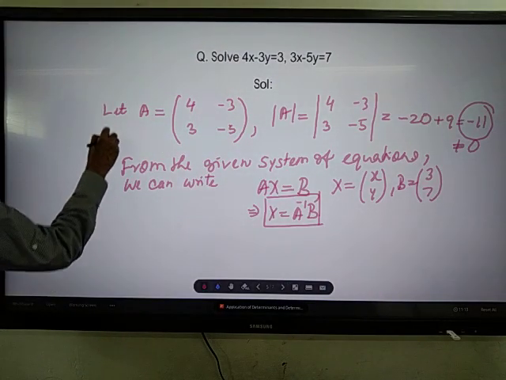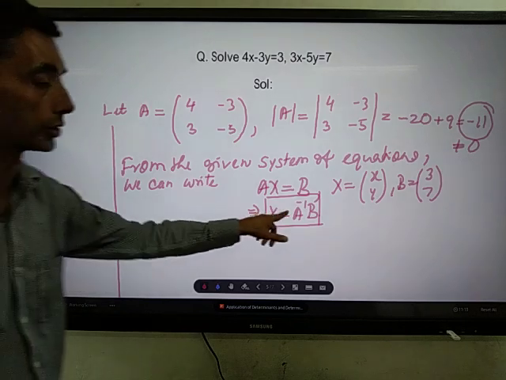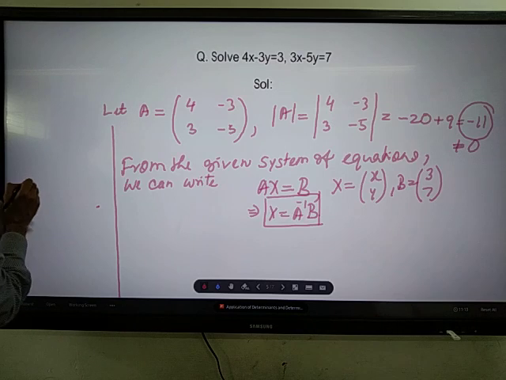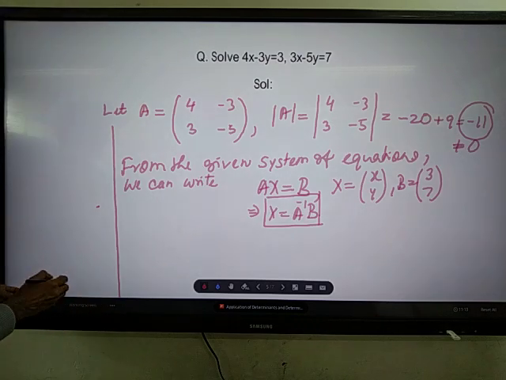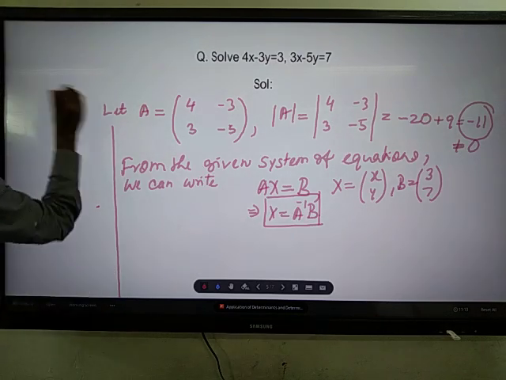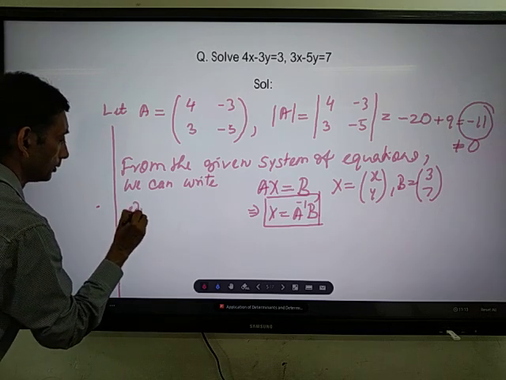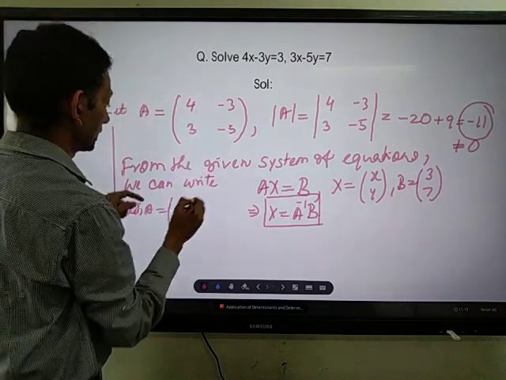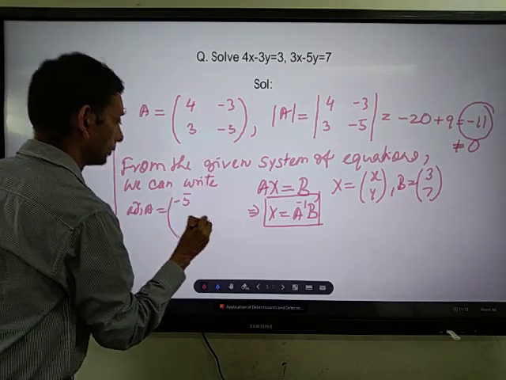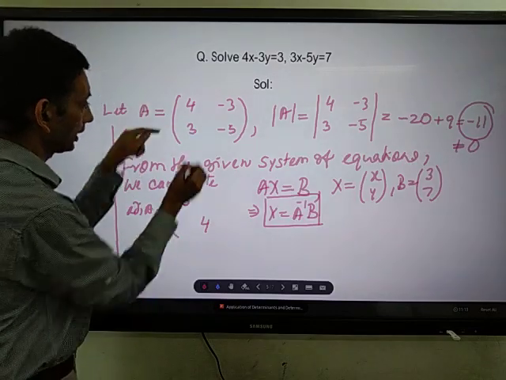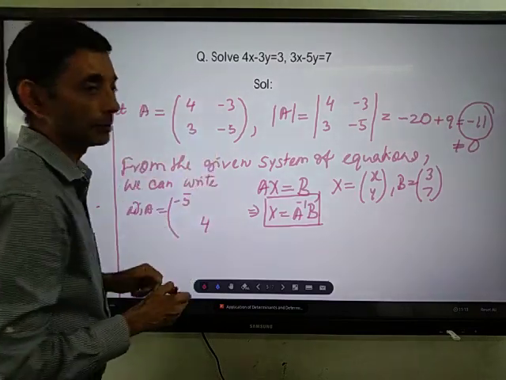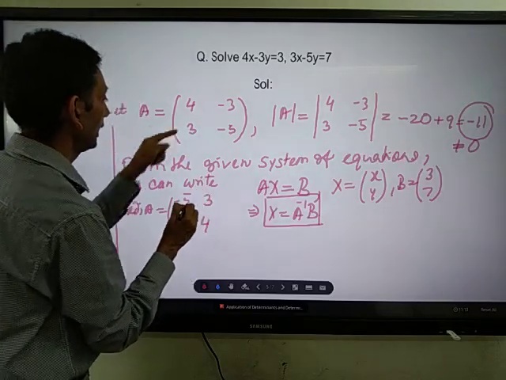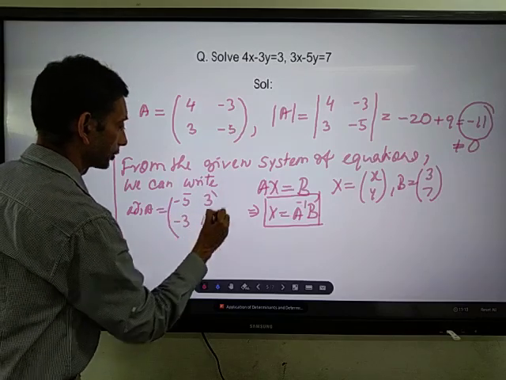To calculate A inverse, we need to calculate the adjoint of A first. The adjoint of A will interchange these places, minus 5, 4, and will interchange the diagonal elements, and the non-diagonal elements will remain as they are, but their sign will change. This minus 3 will be plus 3, and this 3 will be minus 3. This is the adjoint of A.